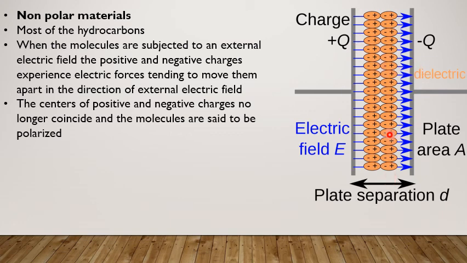Induced dipoles are present in non-polar materials, which we have also studied in earlier slides. The centers of positive and negative charges no longer coincide and the molecule is said to be polarized. This is the same example, induced polarization by application of an electric field.